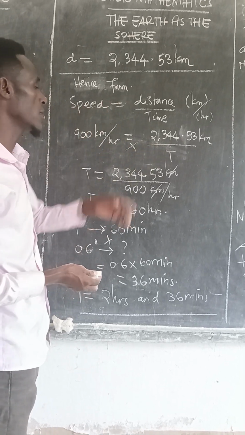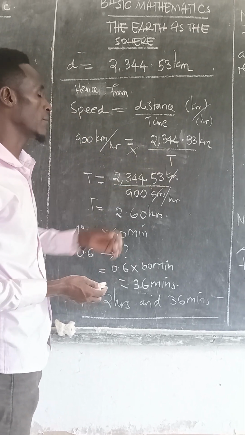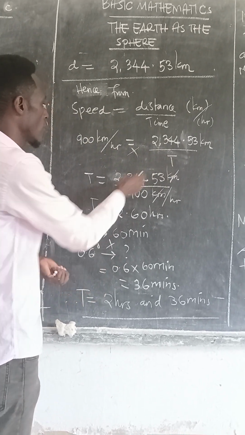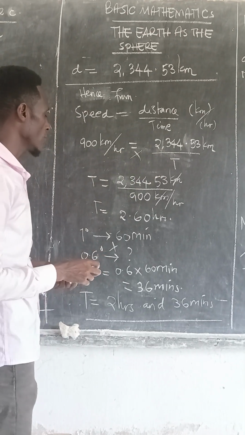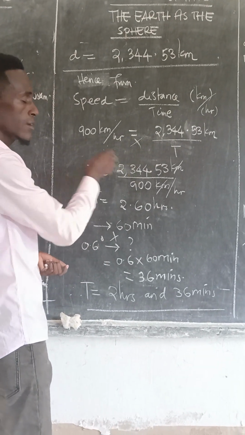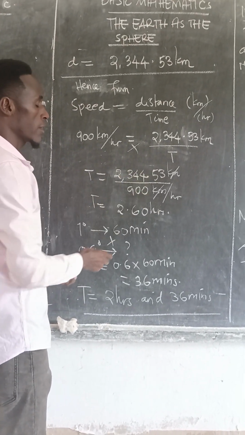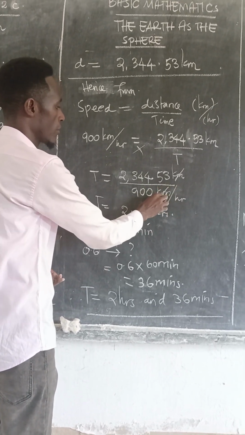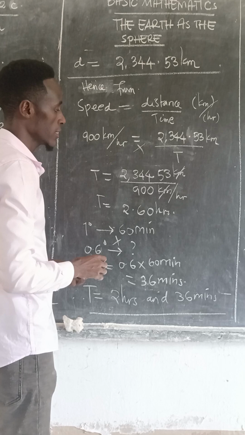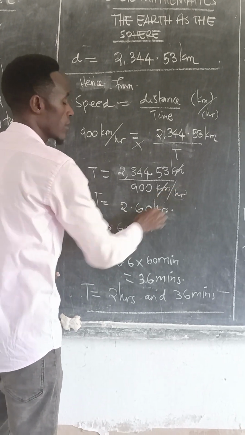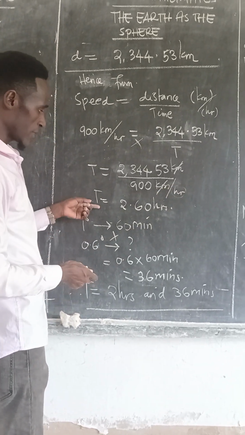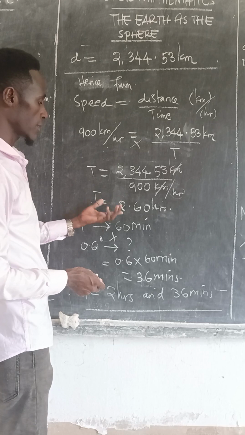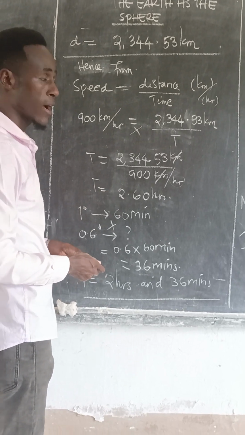We don't have the time, so by cross multiplication time is equal to 2,344.53 over 900 kilometers per hour. Kilometer and kilometer cancel out, and we remain with hours. So time is equal to 2.60 hours.